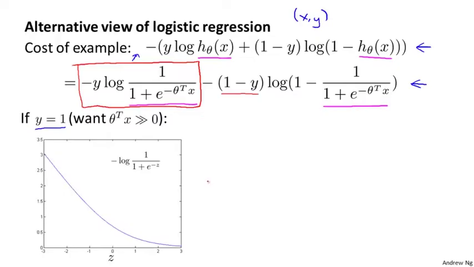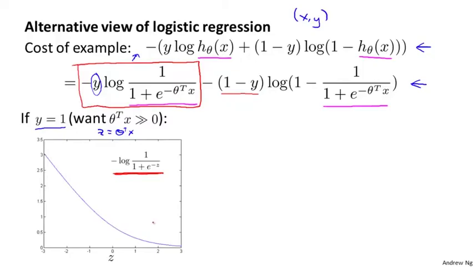So when in our example x comma y, y is equal to 1, what we get is this term, minus log of 1 over 1 plus e to the negative z, where, similar to the last slide, I'm using z to denote theta transpose x. And of course, in the cost, we actually had this minus y, but since y is equal to 1, I just simplified it away in the expression that I have written down here.